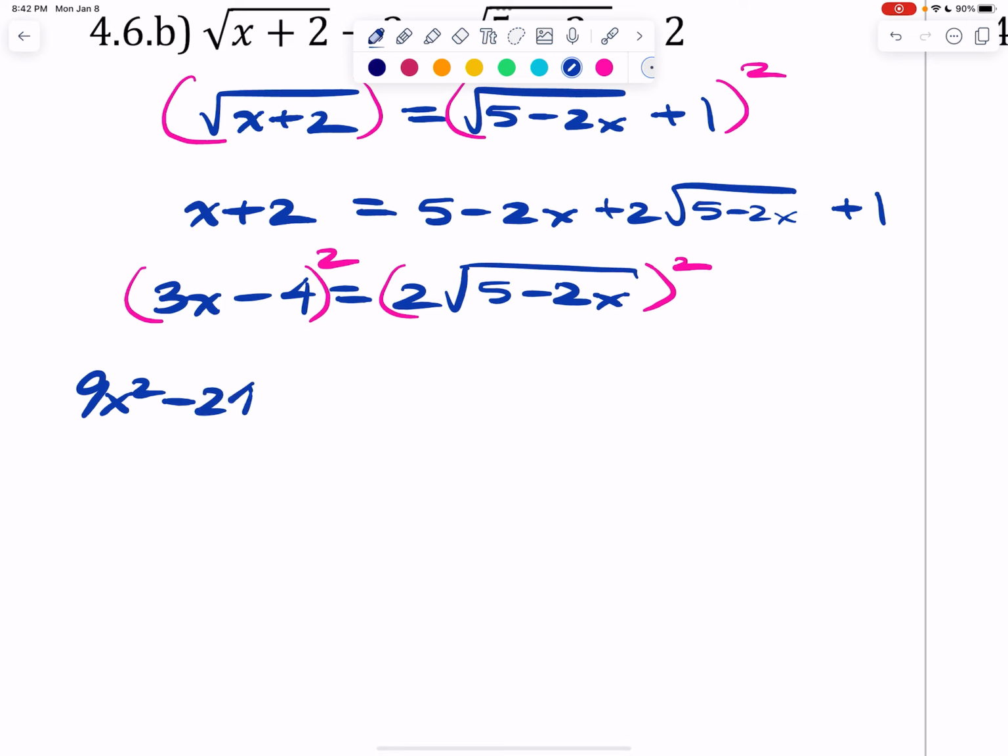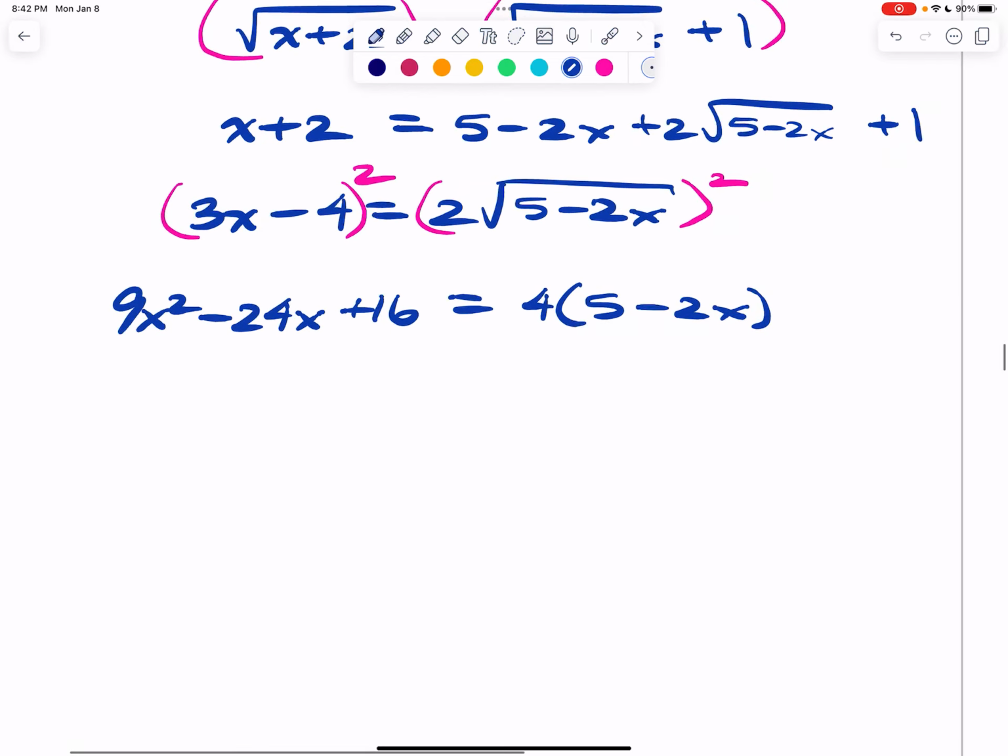12 times 2 is 24. 4 squared is 16. Square the right side. We've got 4 times 5 minus 2x. I'm going to pile everything onto one side. 9x squared.